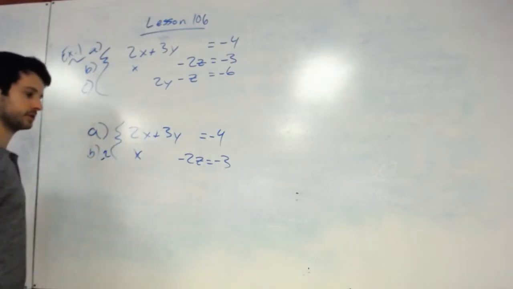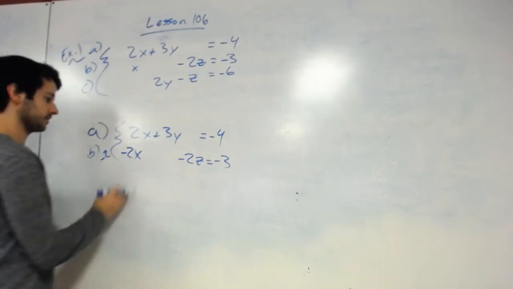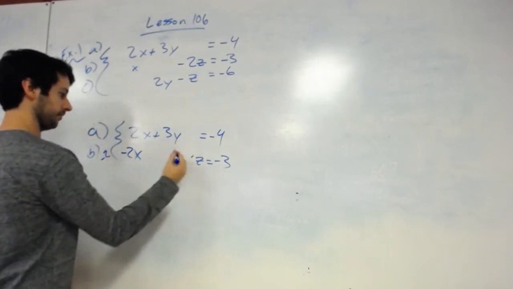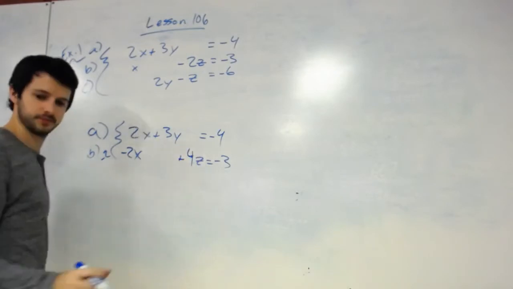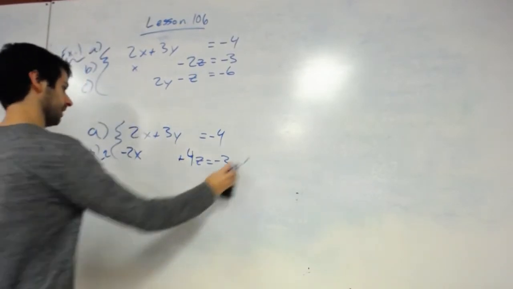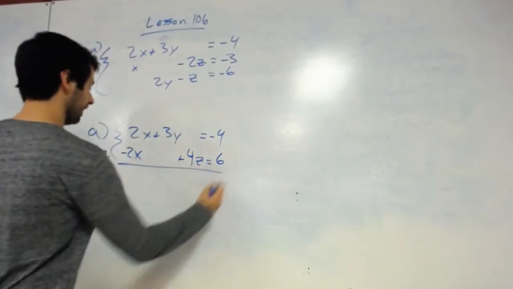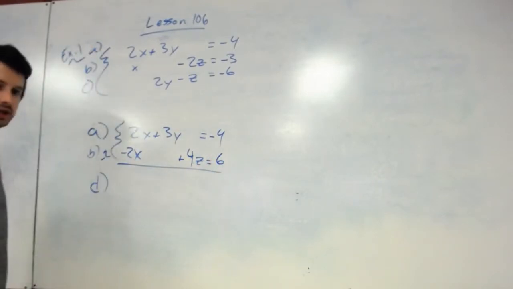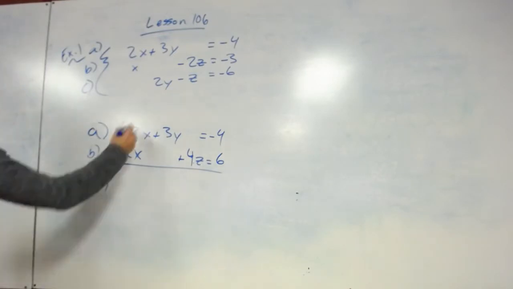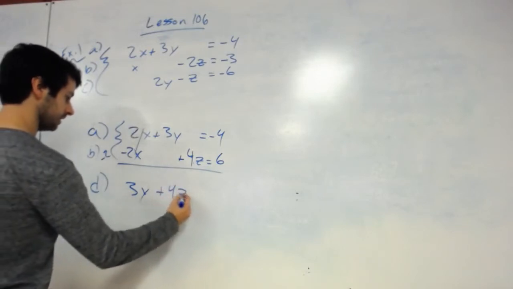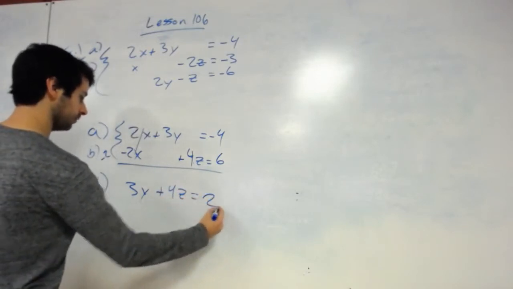So I'm going to multiply everything by -2, so that becomes -2x, that becomes a positive 4z, and this becomes a positive 6. So now I'm going to have a new equation that I'm going to call equation D. Those cross out, and I'm left with 3y plus 4z equals 2.